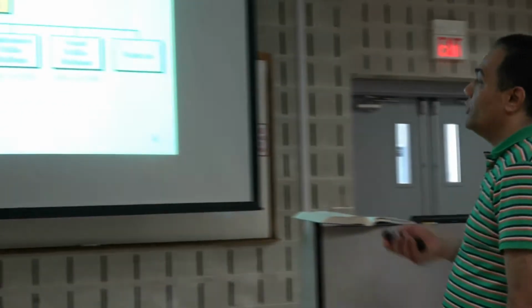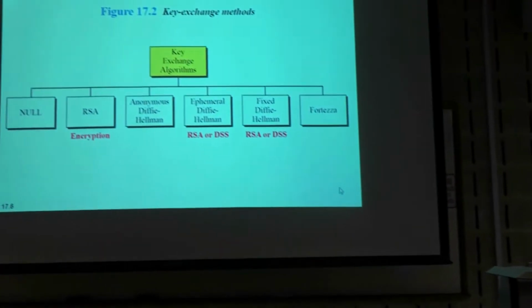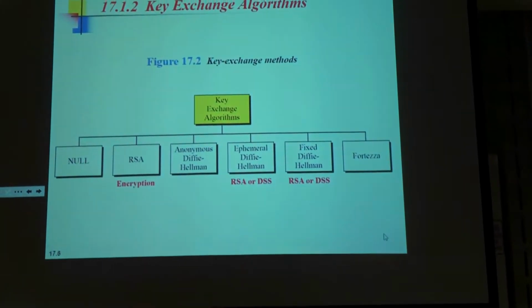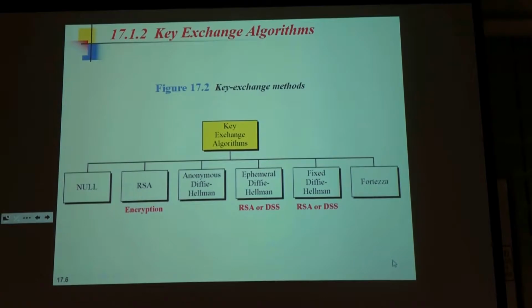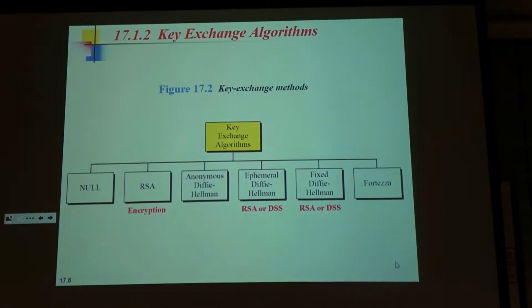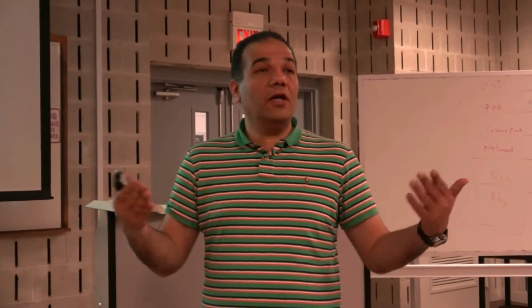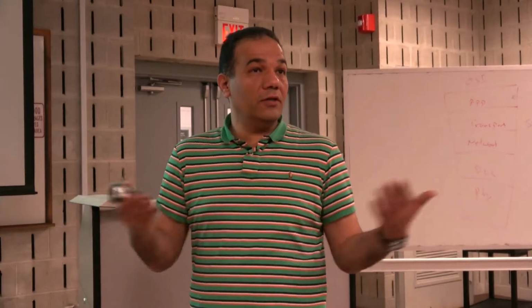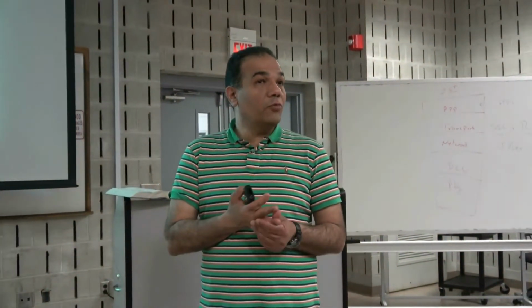Or RSA, which we already covered, is needed for encryption, and you could have an anonymous Diffie-Hellman. What does Diffie-Hellman do? It exchanges keys without a third party.